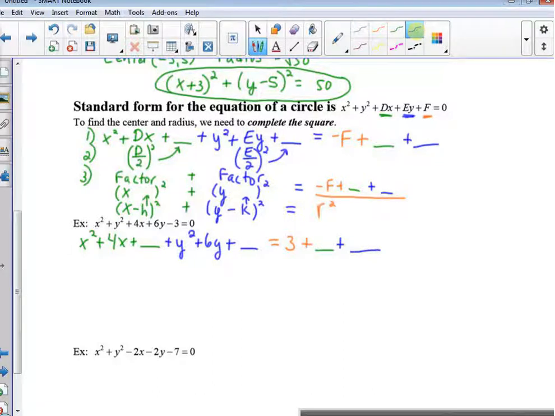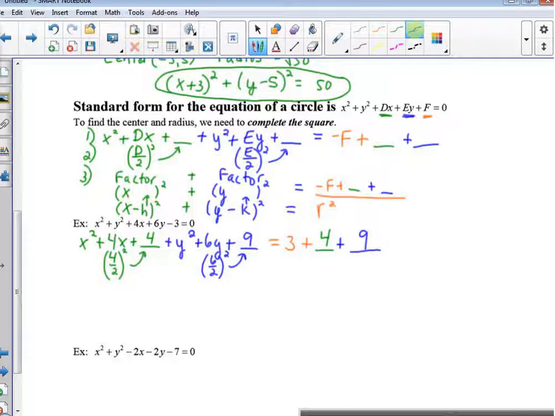To find that value, we take half of 4, square it, and that goes there. So 4 divided by 2, 2 squared, 4. Here we take half of 6, square it, and that goes there. So 3 squared, 9. Now I'm going to add 4 and 9 to the right-hand side.